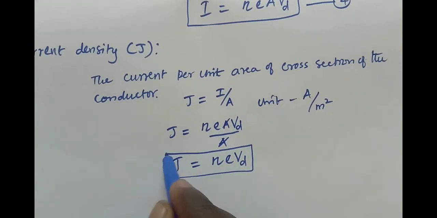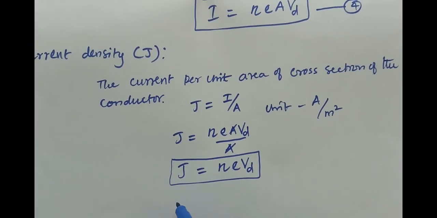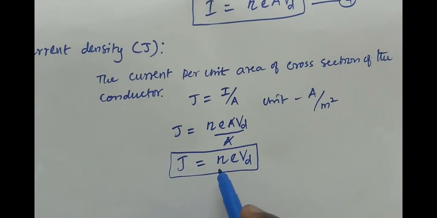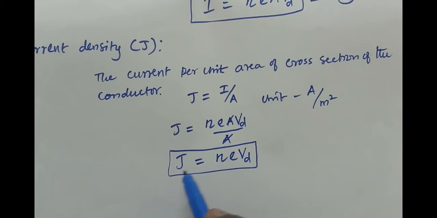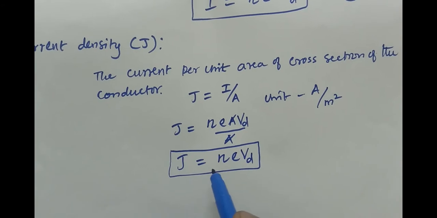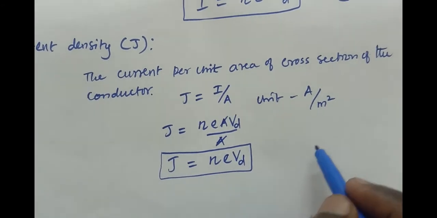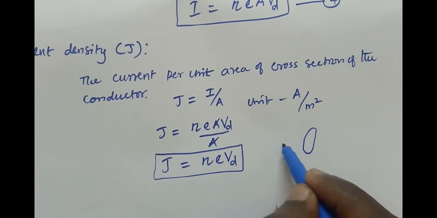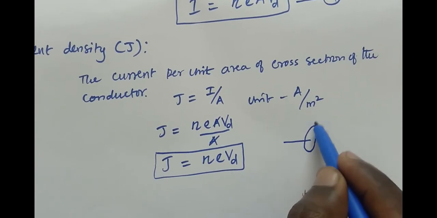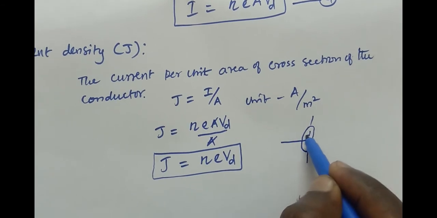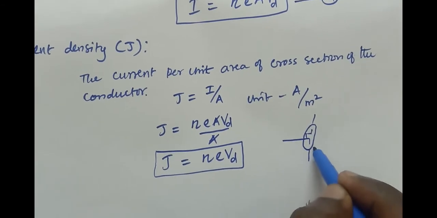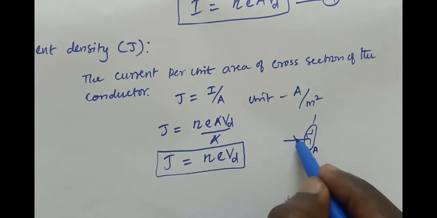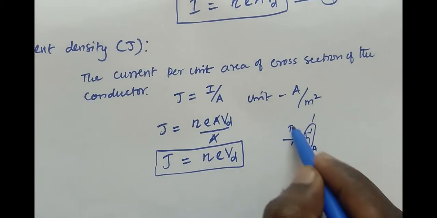This is the formula for current density. The above equation is valid only when the direction of current is perpendicular to the area. Now listen to it. This is the area and the direction of current I is perpendicular. Are you clear, children?